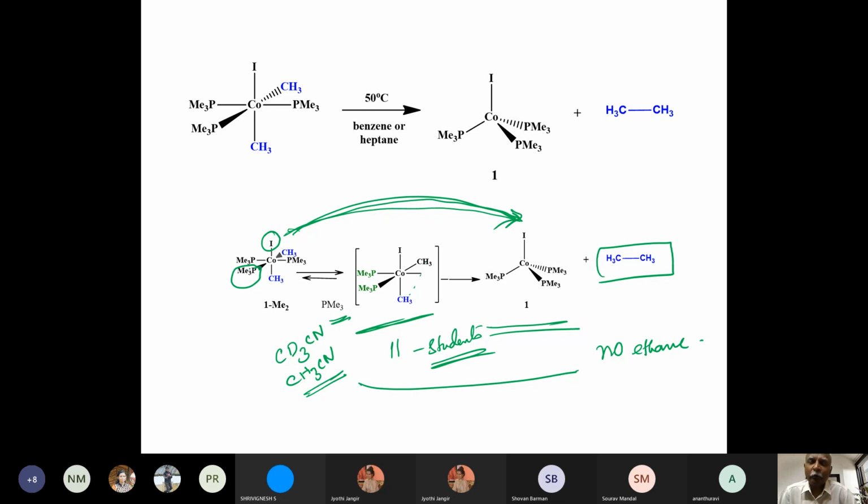Obviously, with a methyl group dissociating, the reaction becomes very different, right? So, is it PMe3 or is it I-? I have written the equation as if it is PMe3. But how can they distinguish between the two? Or can you distinguish?